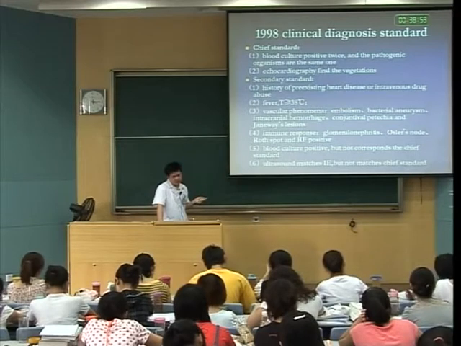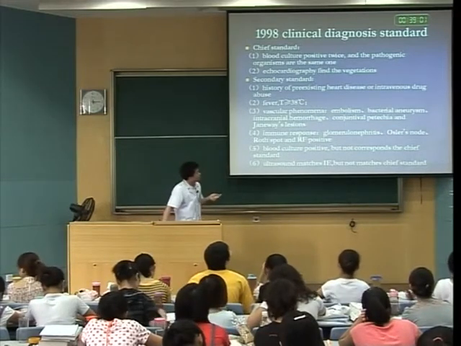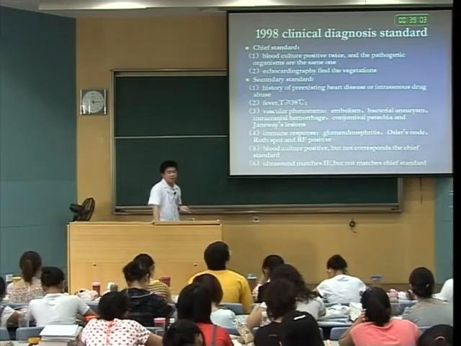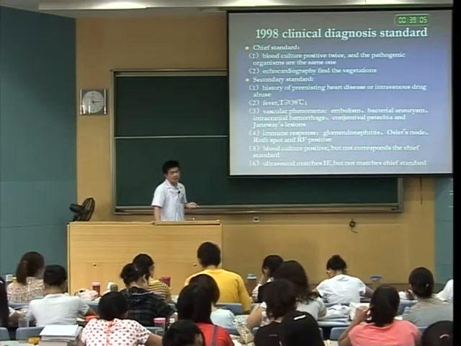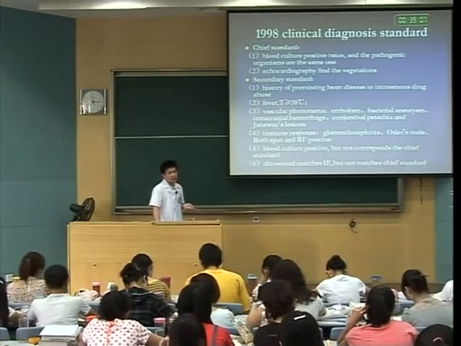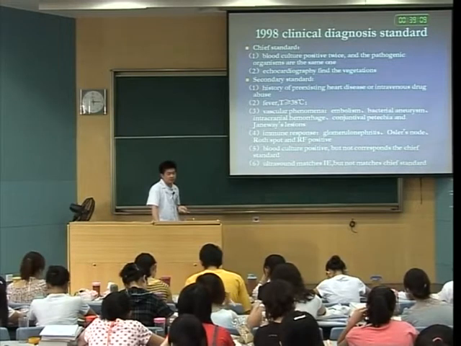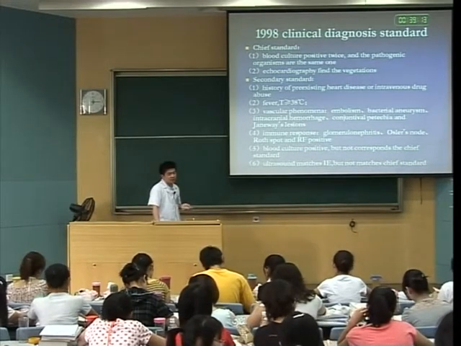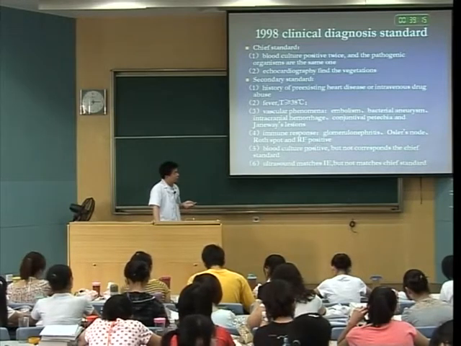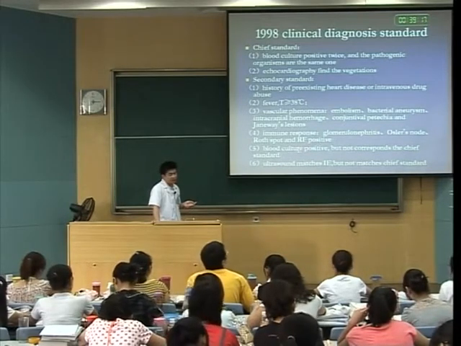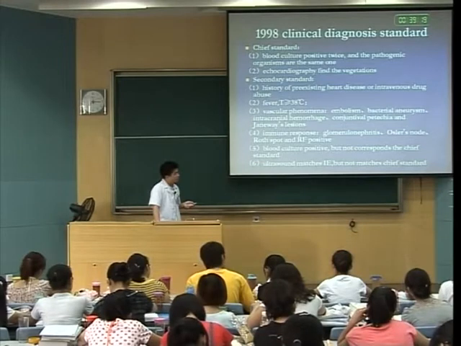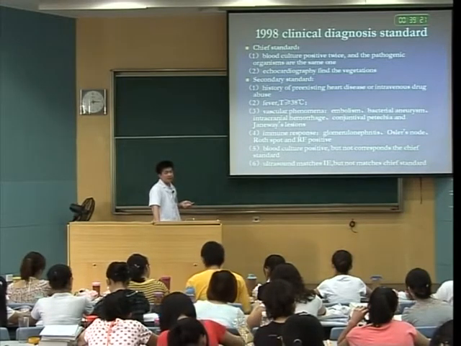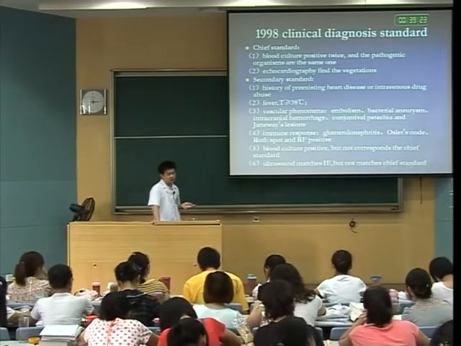But why is RF positive in infective endocarditis? I just said infective endocarditis can activate the immune response, and the immune response includes the rheumatic factor. So sometimes rheumatic factor can be positive.